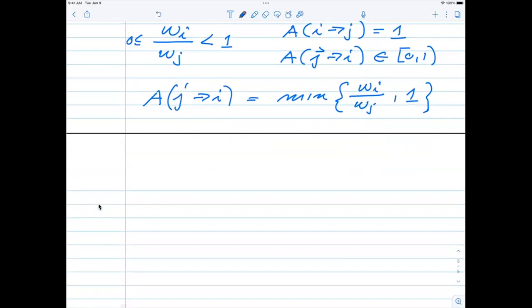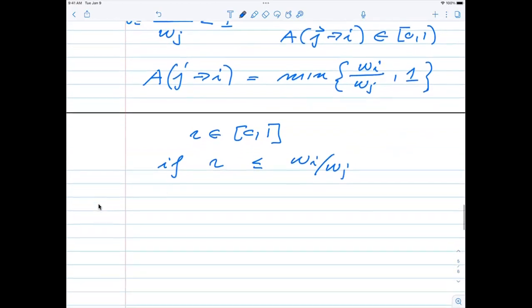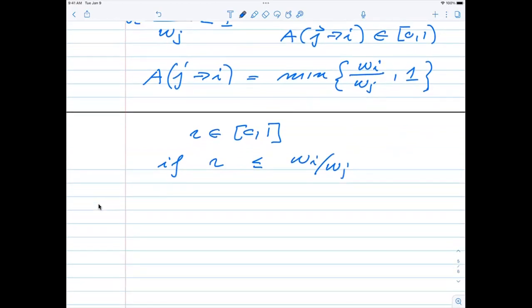Now, this normally leads to sometimes a very inefficient algorithm. So the typical way we also implement this is to draw a random number R, between 0 and 1. If R is smaller than or equal to Wi over Wj, then we assume that the test is accepted. Then we have a new position, which we label ri, that is accepted.